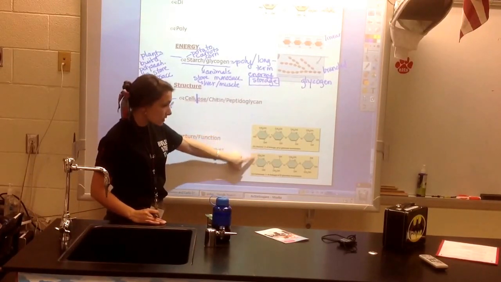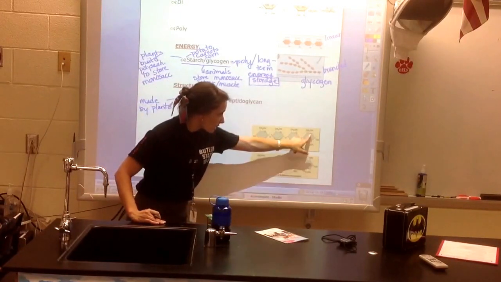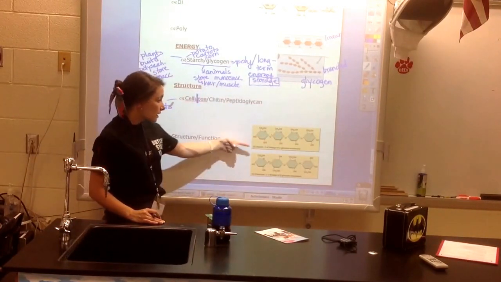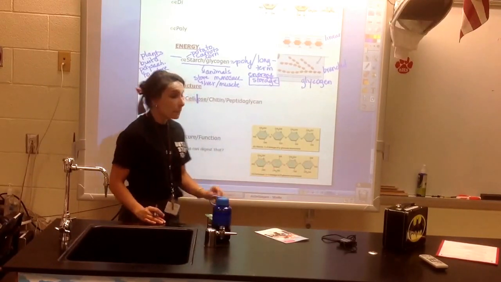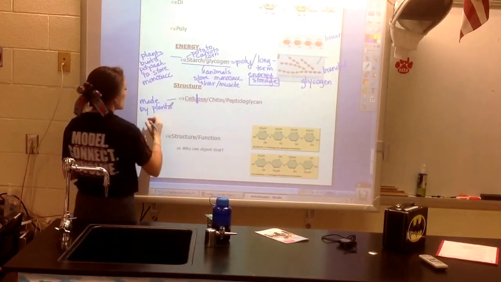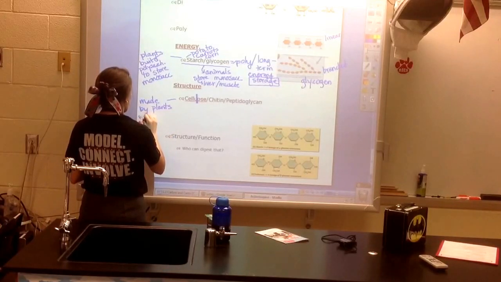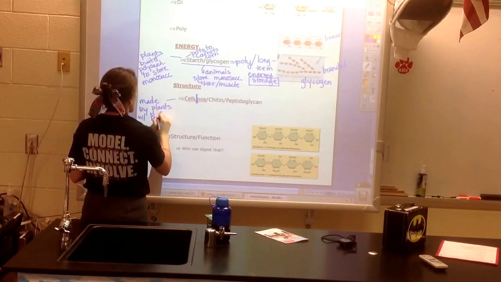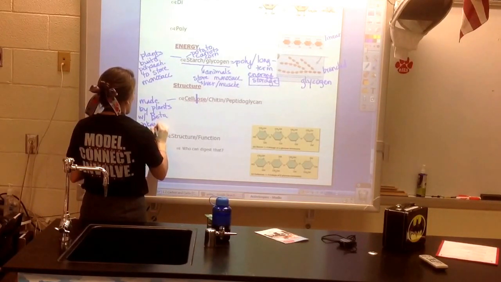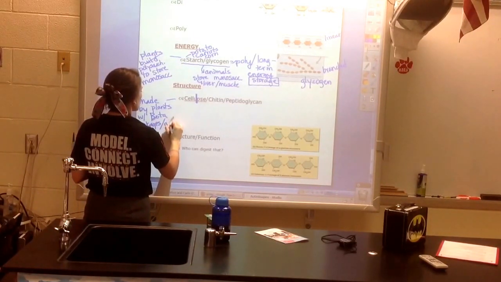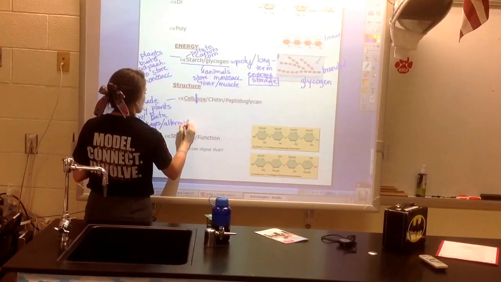If you look closely, they're both made of monosaccharides, but it turns out that cellulose has a slightly different way of linking them. Cellulose has what are called beta linkages. And these linkages alternate direction.